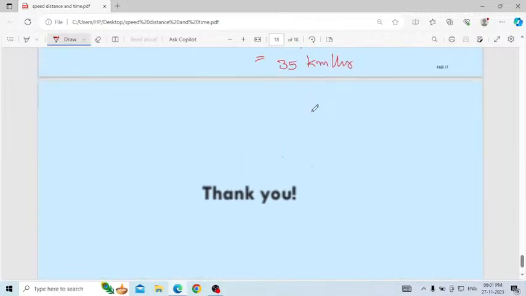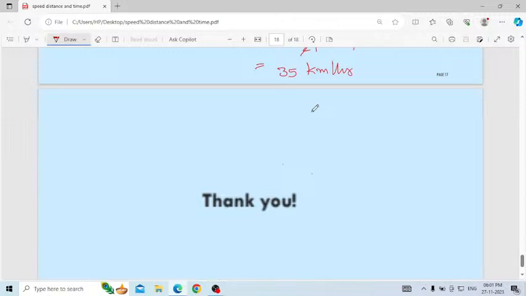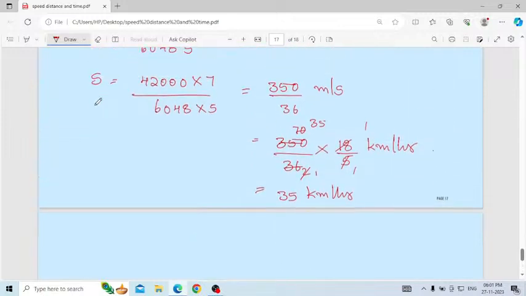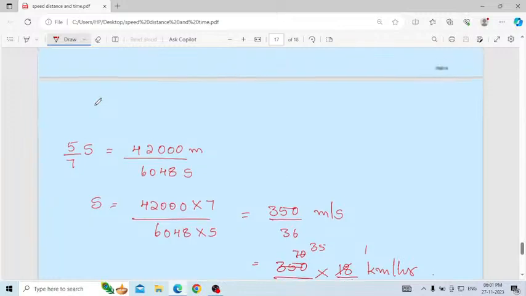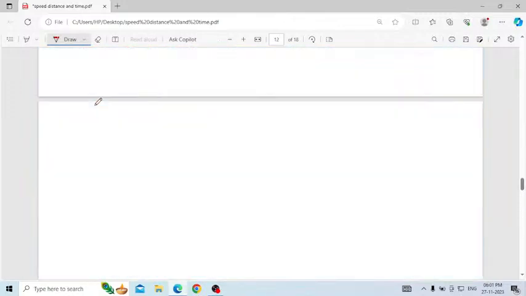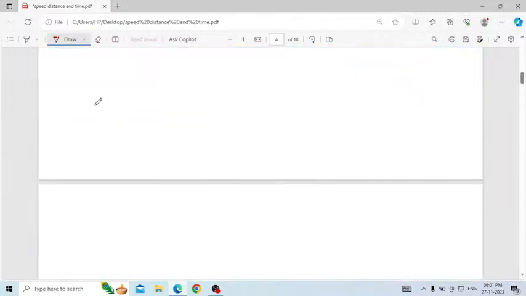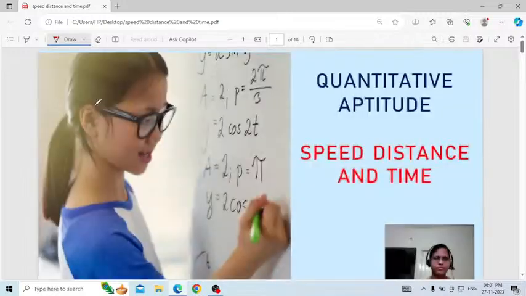Okay, 2 more classes based on the topic quantitative aptitude. From now onwards, I will include as many varieties of questions as possible. In this class I discussed very, very important questions they will ask in quantitative aptitude, that is speed, distance and time.